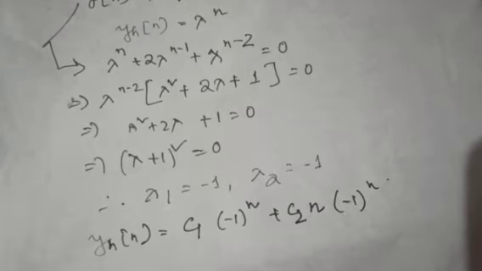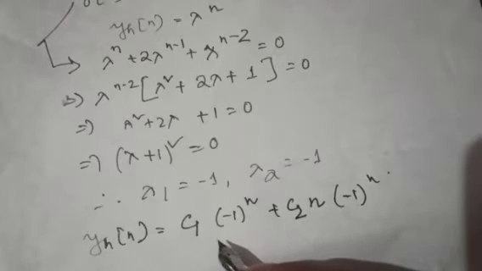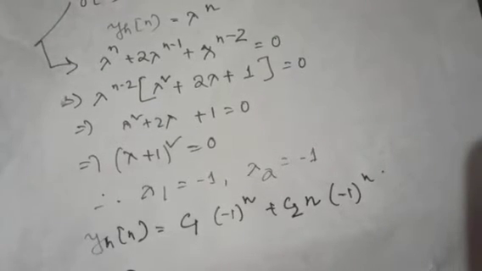Now in this equation, if we put n equal to 0, then y h of 0, or simply y of 0, will be equal to c1, and y of 1 will be minus c1 minus c2.